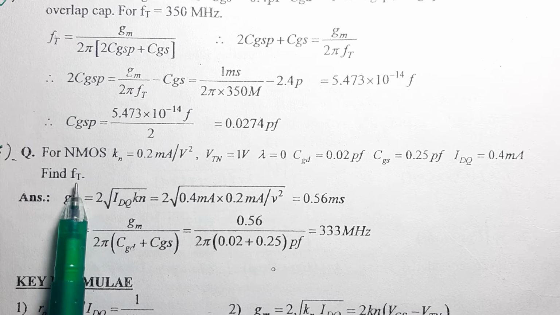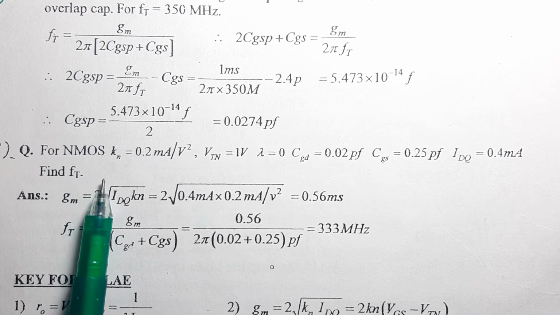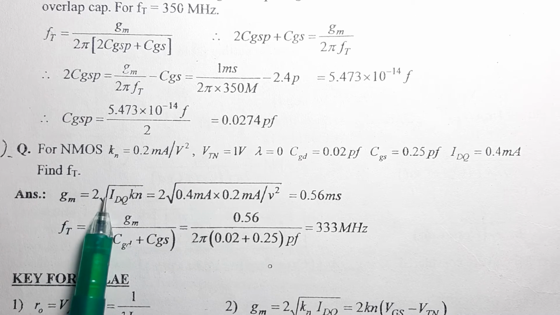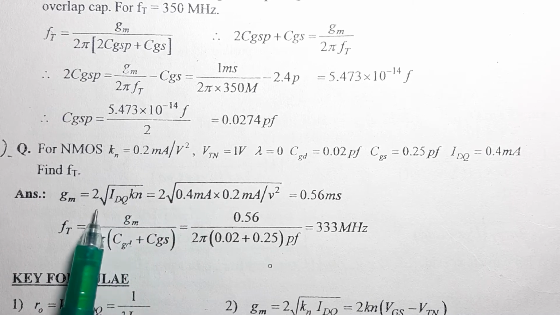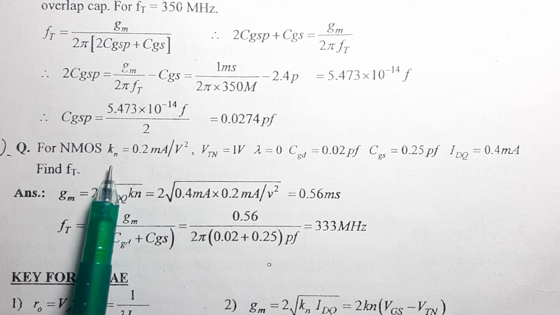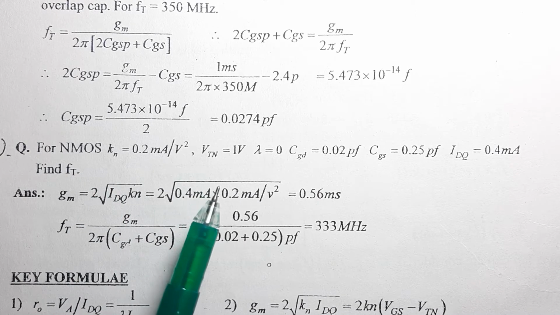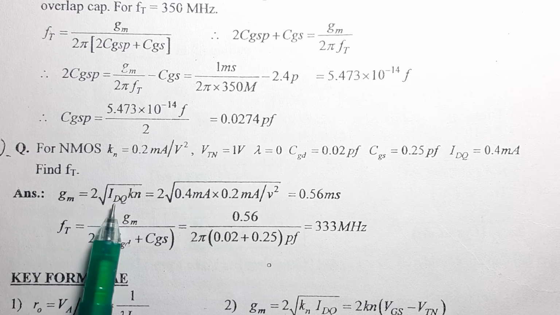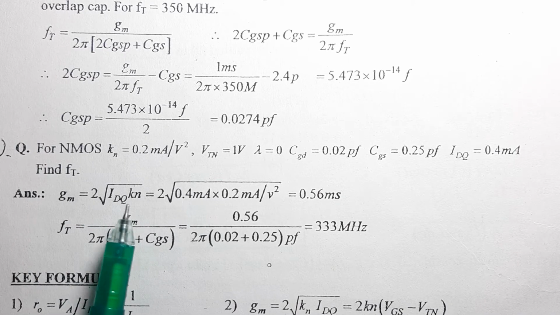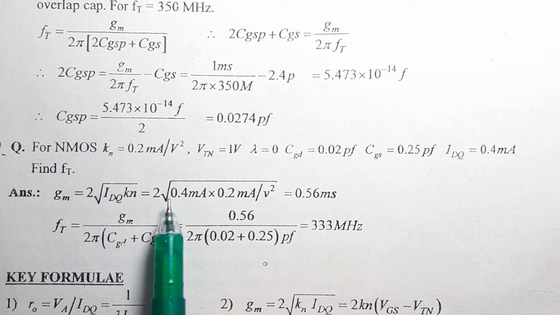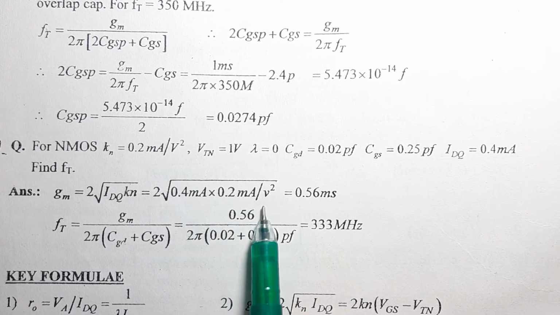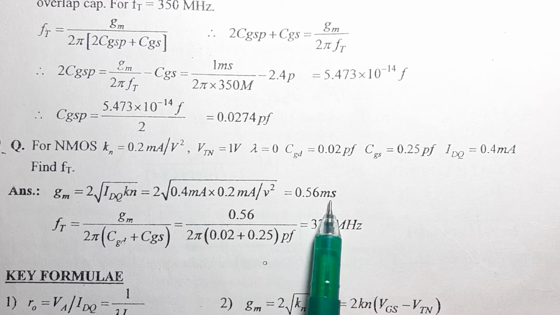If such a numerical comes in the paper, it is basically asked for 5 to 8 marks. So your GM first of all is given as twice the square root of ID into Kn. Since the values of Kn and IDQ have been given to us, GM equals 2 under root of 0.4 milliamps into 0.2 milliamps per volt squared, which is equal to 0.56 millisiemens.